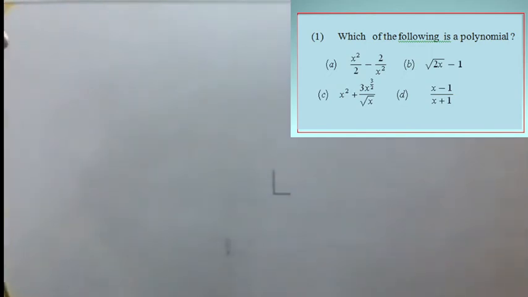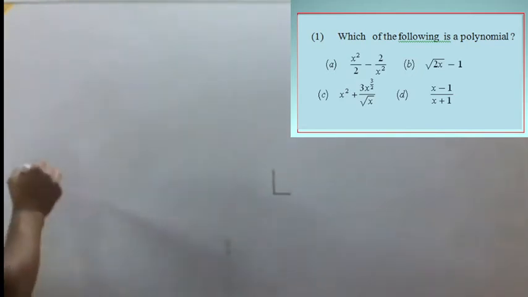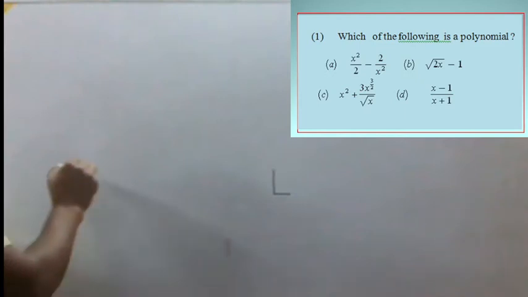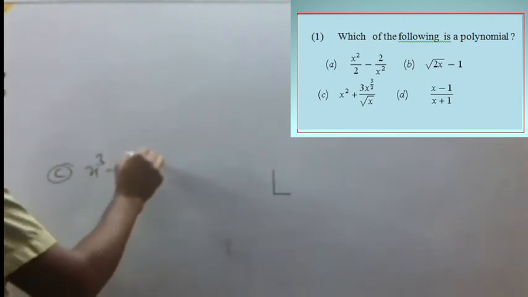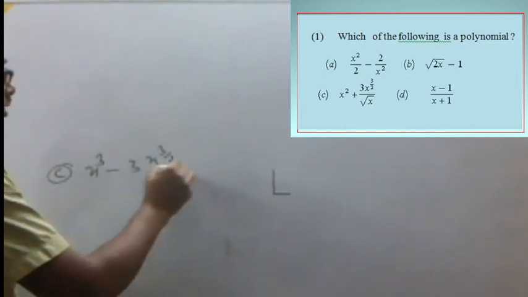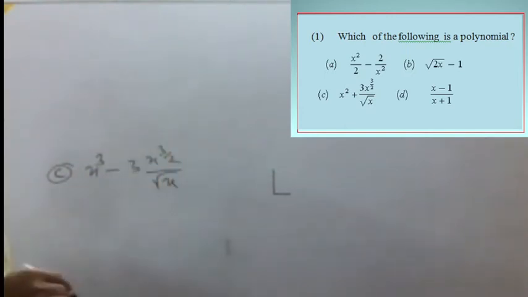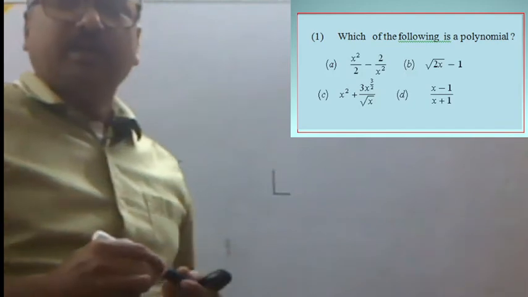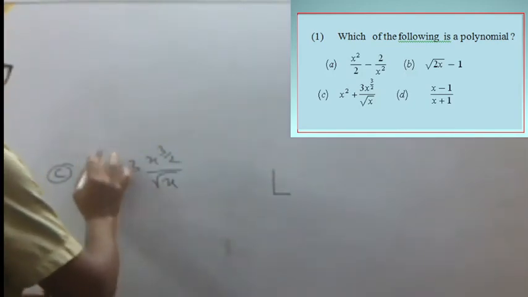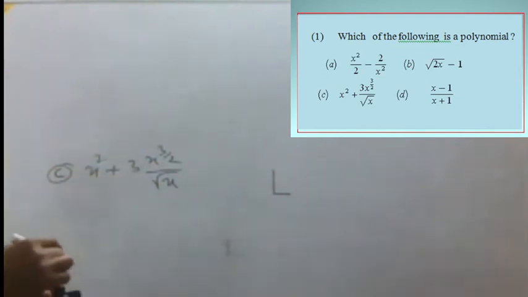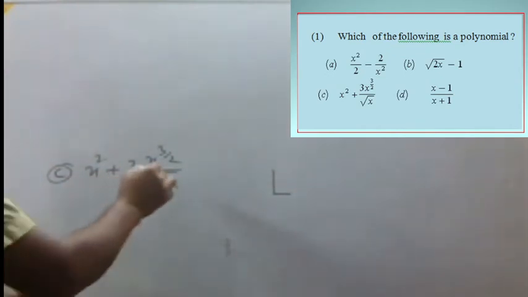Now, if we simplify the options one by one, we find that option C is given as x squared plus 3x to the power 3 by 2 divided by root x.